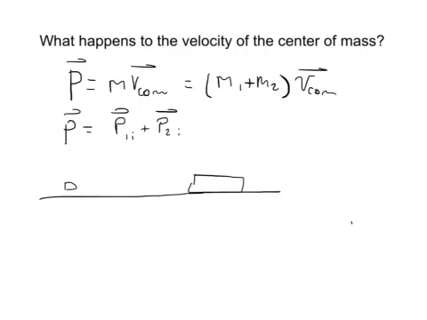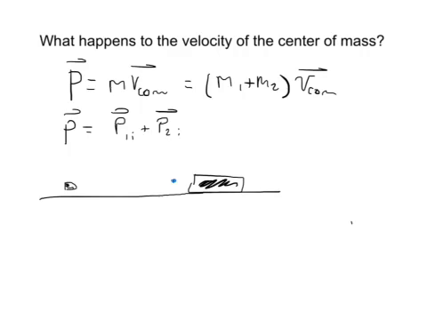Well, let's think about what's going on with the center of mass, the velocity of the center of mass, and let's relate it back to that bullet block problem. So here's that bullet, and it's about to go into this block, and somewhere in the middle, much closer to the block, would be the center of mass. So let's say it's right there.